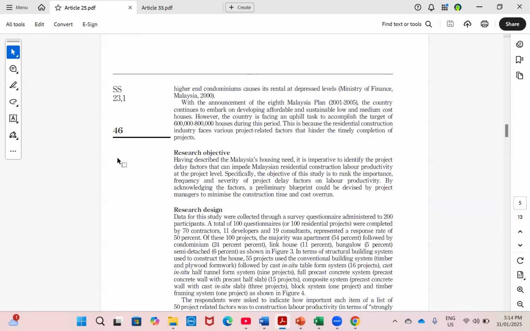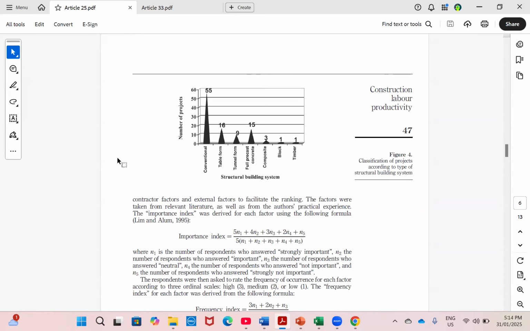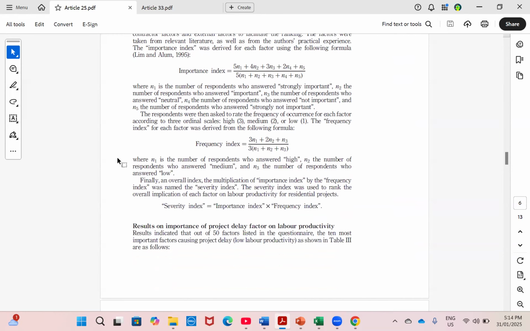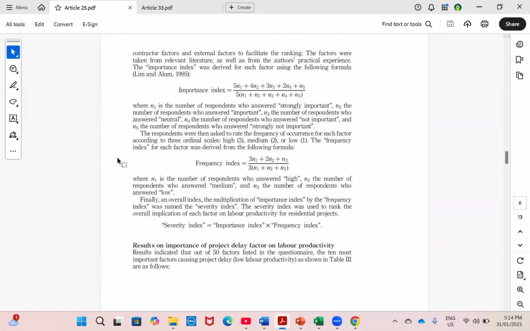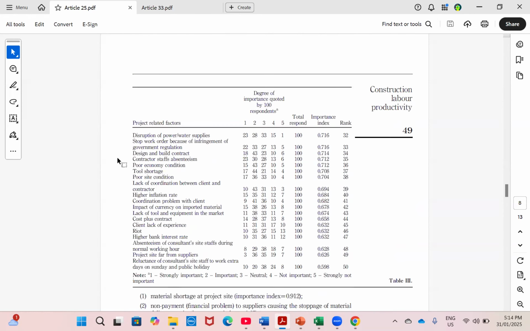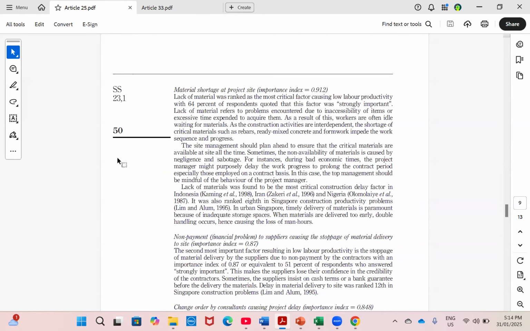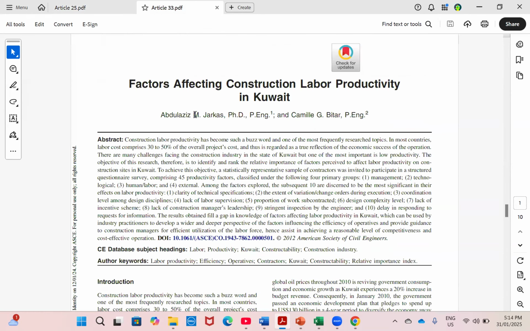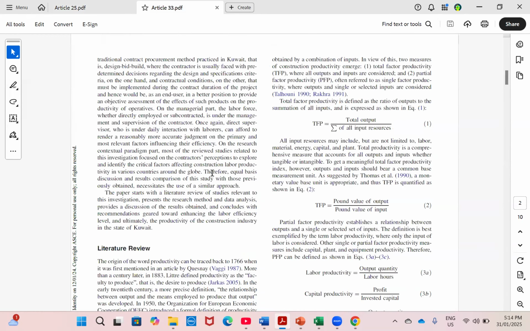If you go through that article, you can see that what we have done today, they have done exactly that. And this is not the only article. There are so many other articles that did the same thing. The second article I want to show you is Factors Affecting Construction Labor Productivity in Kuwait.